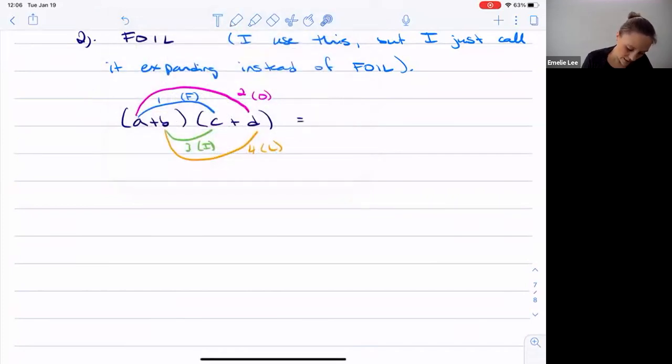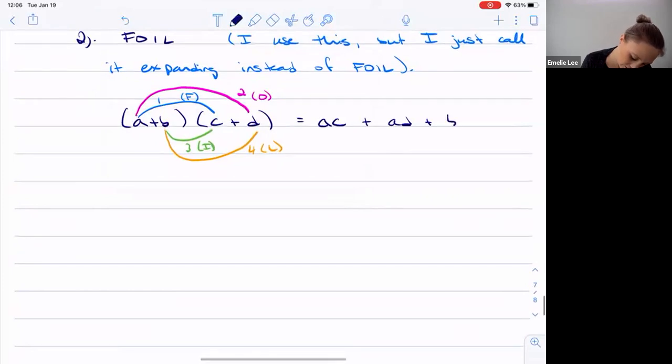So what this looks like is A times C is AC, plus A times D is AD, plus B times C plus B times D. Oops, I did it in the wrong order.